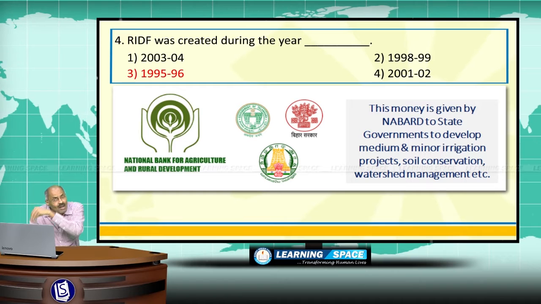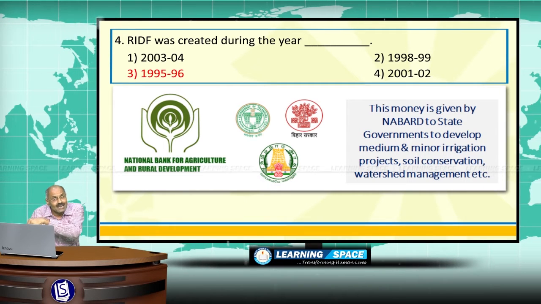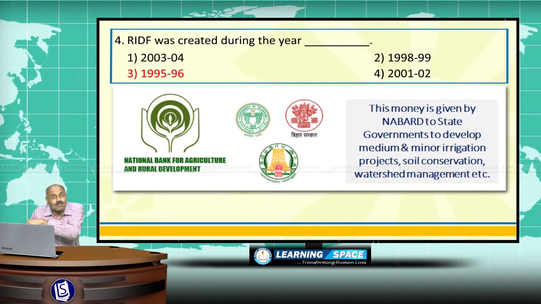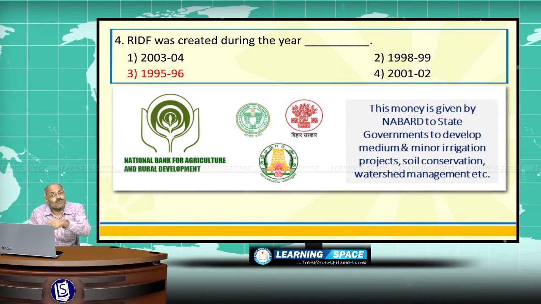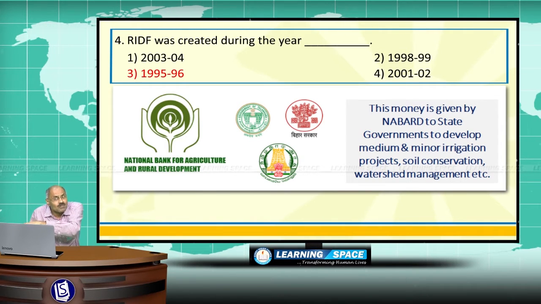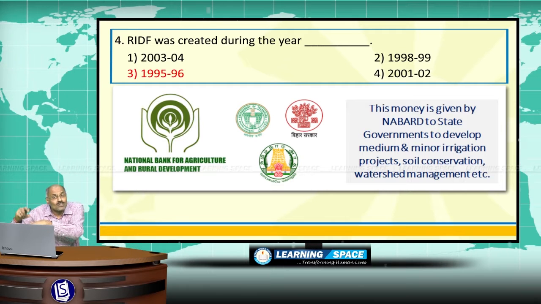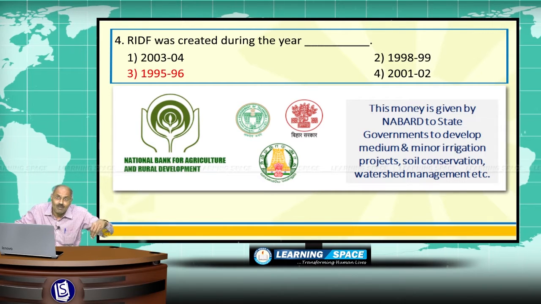All of you are well aware, 40% is the priority sector lending target. If banks fail to ensure that 40%, the shortfall is to be credited to the Rural Infrastructure Development Fund maintained by NABARD.